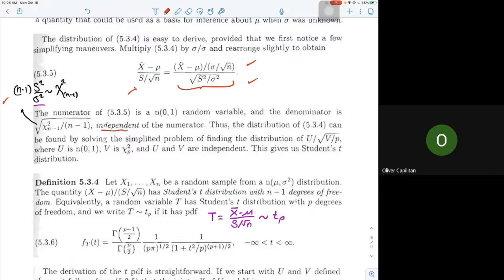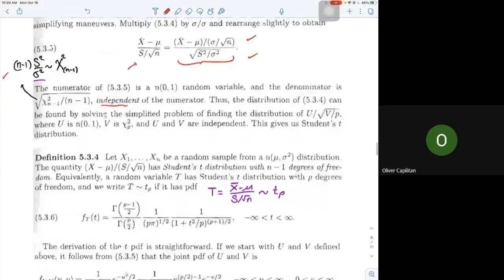So to determine the distribution of x bar minus mu over s over square root of n, it is similar to finding the distribution of u over the square root of v over p. Our u is a standard normal, and v is a random variable having a chi-square distribution with p degrees of freedom, and u and v are independent.